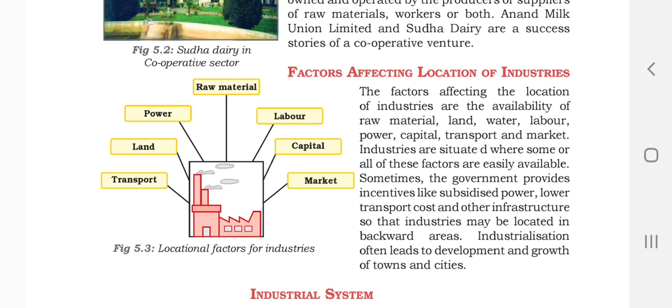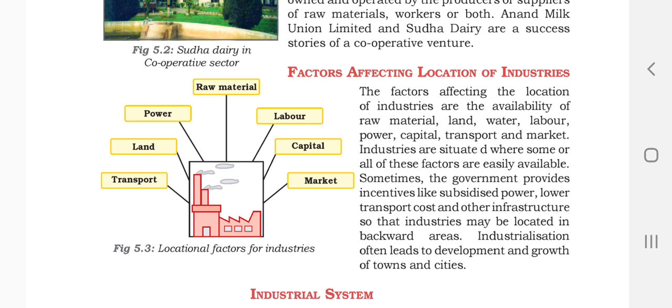In that area it should be made properly, so that the people in other cities or villages should not be distracted or affected by these factories or industries. So the location also affects where it should be situated, where the company should be made.